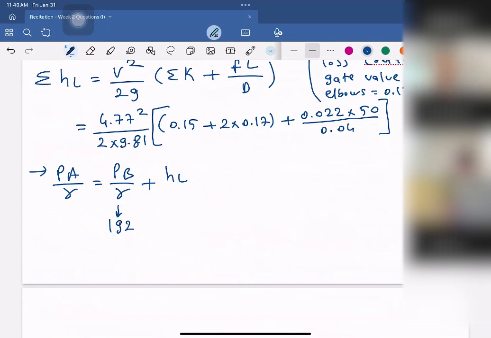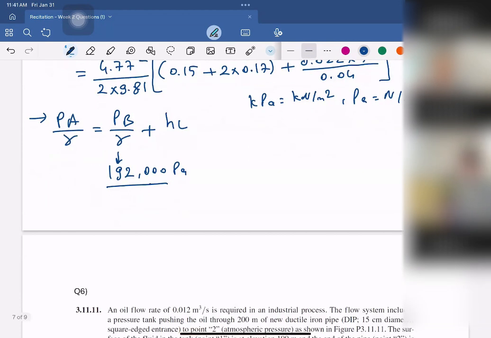It is in kilopascal, but we will write it in Pascal, because kilopascal is kilonewton per square meter, and if you write it in Pascal, it will be Newton over square meter. So this is just to provide consistency between units.